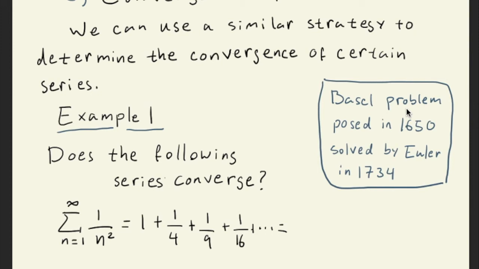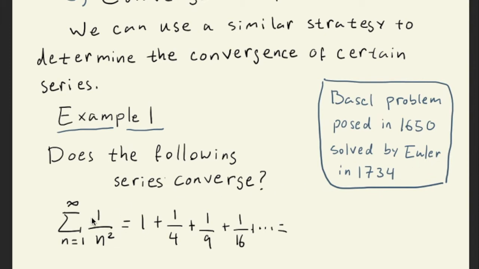One of the first times this problem was posed was in 1650, quite a while ago. What is that, 370 years? So it's an old problem. It was posed in 1650, and it was solved by Euler almost 100 years later, in 1734.